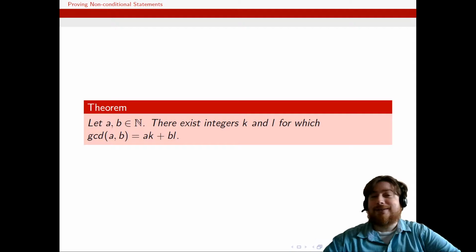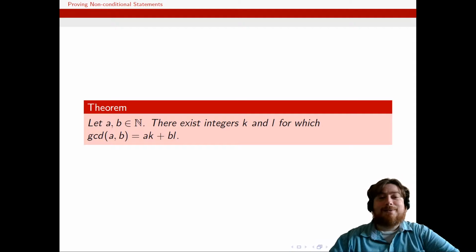Now, let A and B be integers, then there exist integers k and l for which the greatest common divisor of A and B is equal to ak plus bl. The first thing I have to do here is talk about what a greatest common divisor is, because we haven't done that yet.